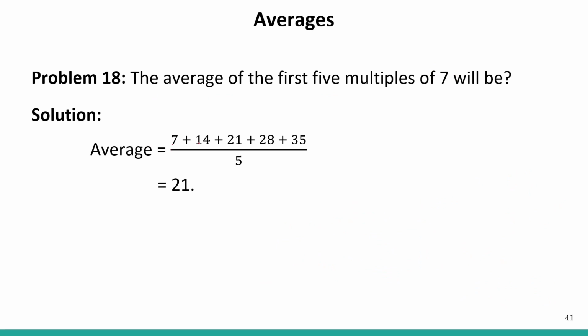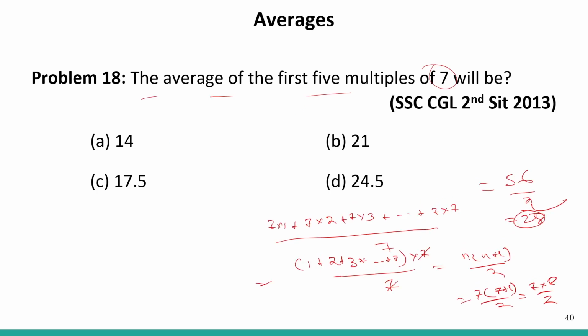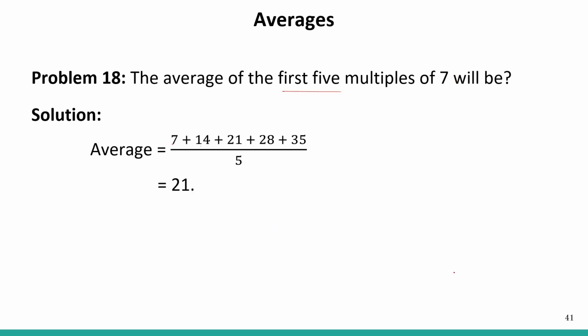So this will be 7 plus 14 plus, okay, first 5 multiples it told us. That's why we got a different answer. So it will be up to 4 plus 5. So n into n plus 1 by 2 will be 5 into 5 plus 1 whole by 2, is equal to 5 into 3, is equal to 15.